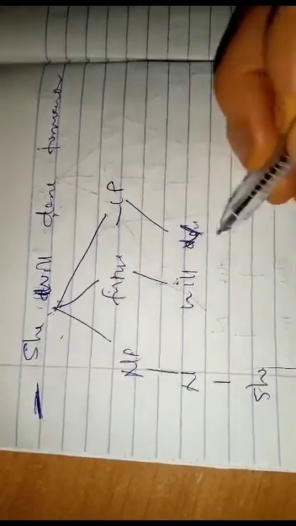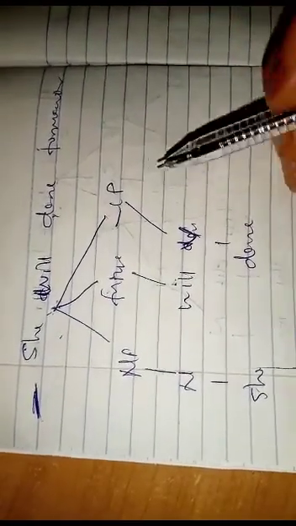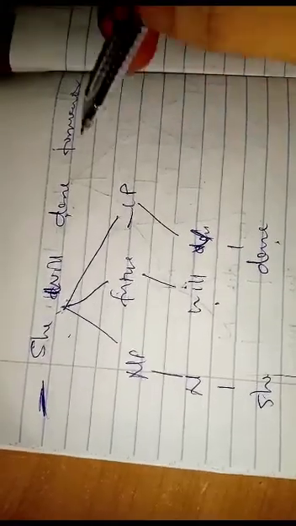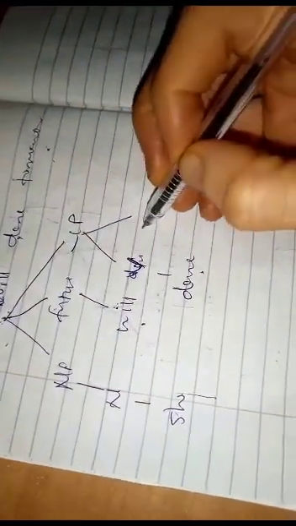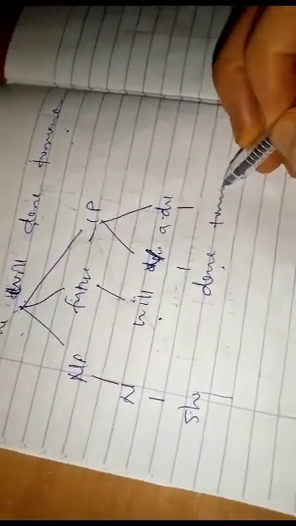And it's will. Then your VP is dance, V, dance, right? Will dance. Then the last but not the least is, this is not an NP at all. It's an ADV, adverb of time. So therefore, you have to write ADV and you write tomorrow.